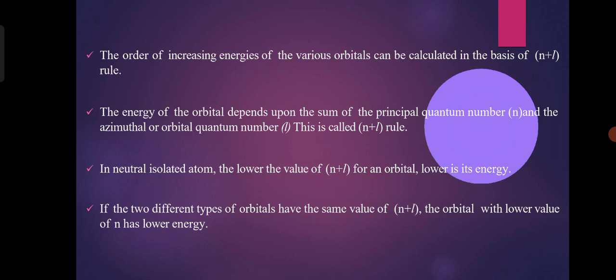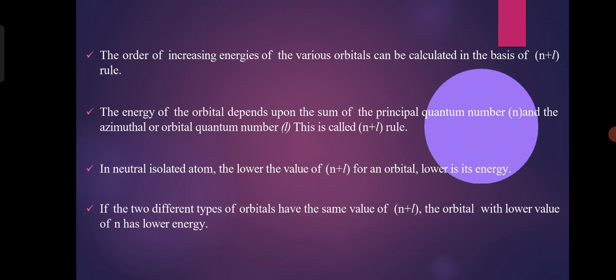For example, in the case of 3p and 4s orbitals, the n plus l value of 3p is 4, and for the 4s orbital the n plus l value is again 4. So the n plus l values of 3p and 3s orbitals are the same. In this case, the lower value of n has lower energy.